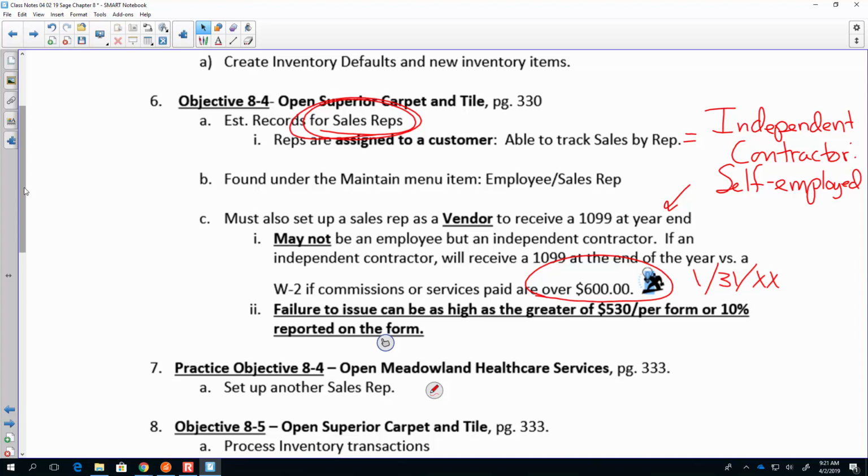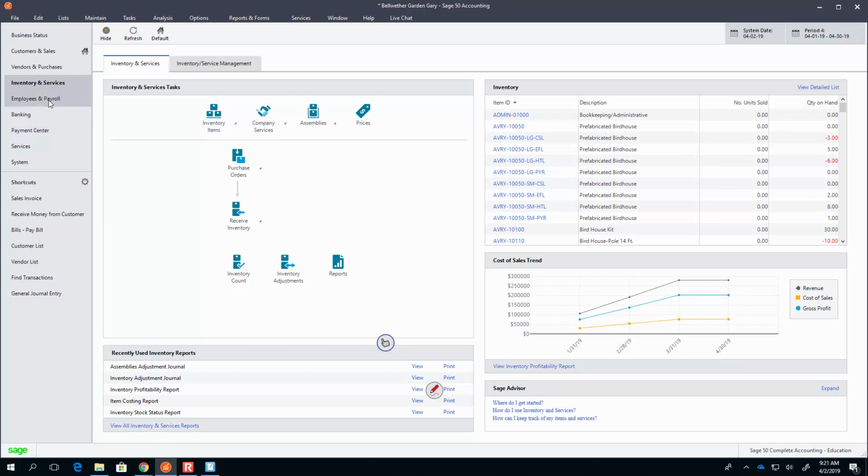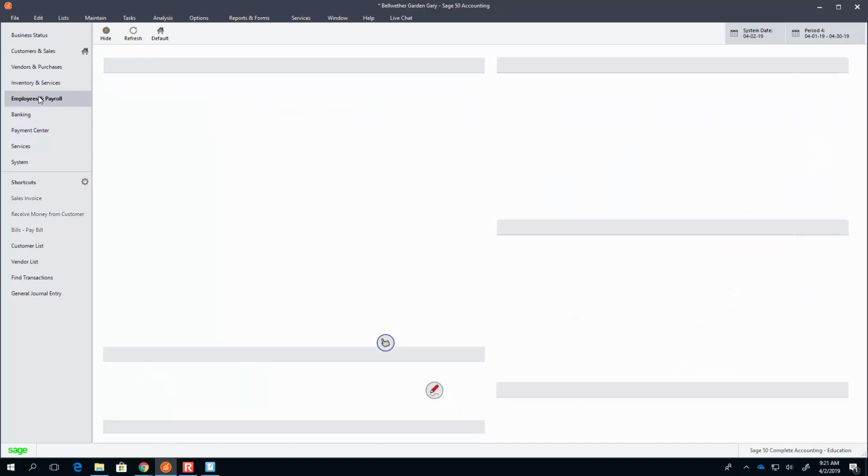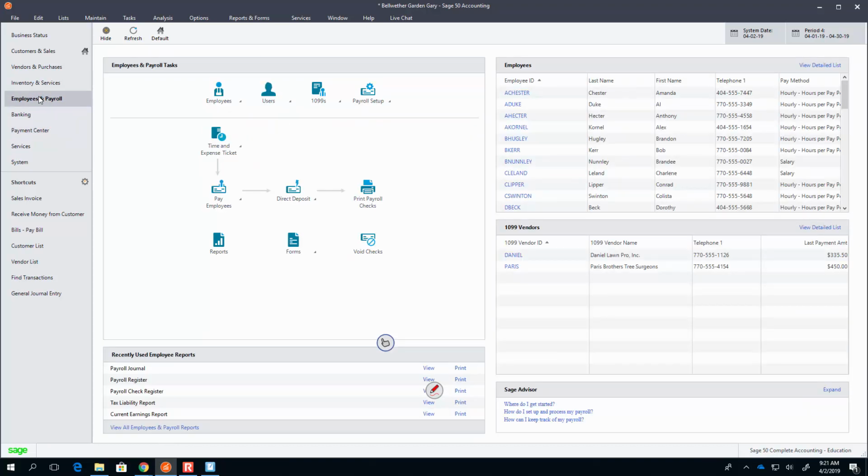So the software tracks that under employees and payroll. And you'll notice here, you can create your 1099 vendors.